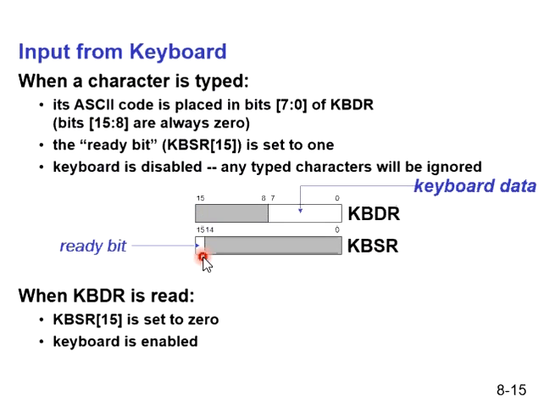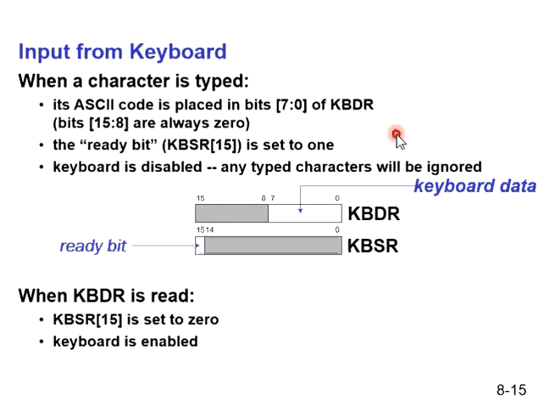When a character is typed, its ASCII code is placed in bits 0 to 7 of the data register. Pay attention, bits 8 to 15 are always 0. Bits 0 to 7 are the ASCII code of the character typed. At that time, the ready bit, bit 15 of the status register, is 1.